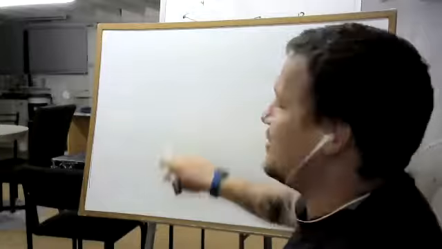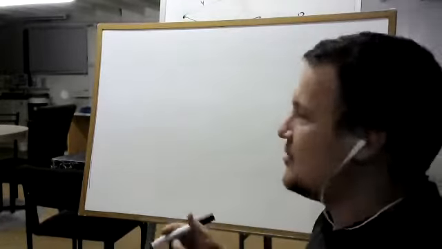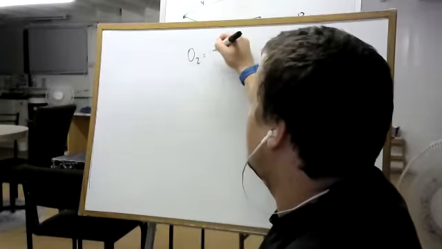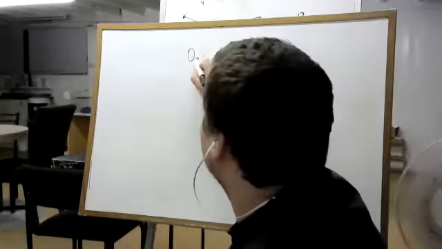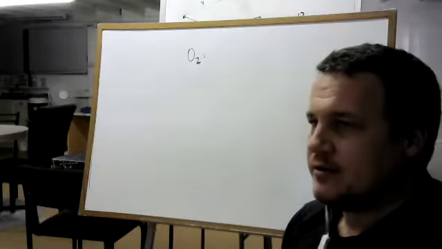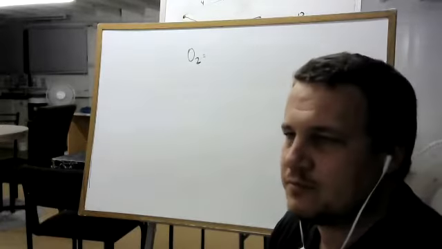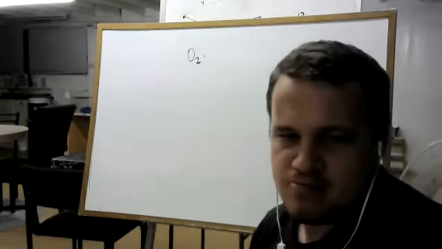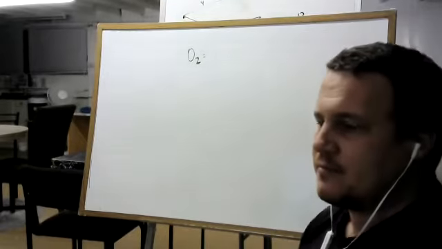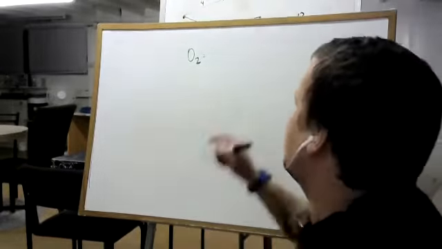So oxidation state is the charge on an atom when it's bonded with something. If something is in an elemental state like O2, do you know what the charge on any atom in its elemental form is? Any ideas? Zero, yeah.